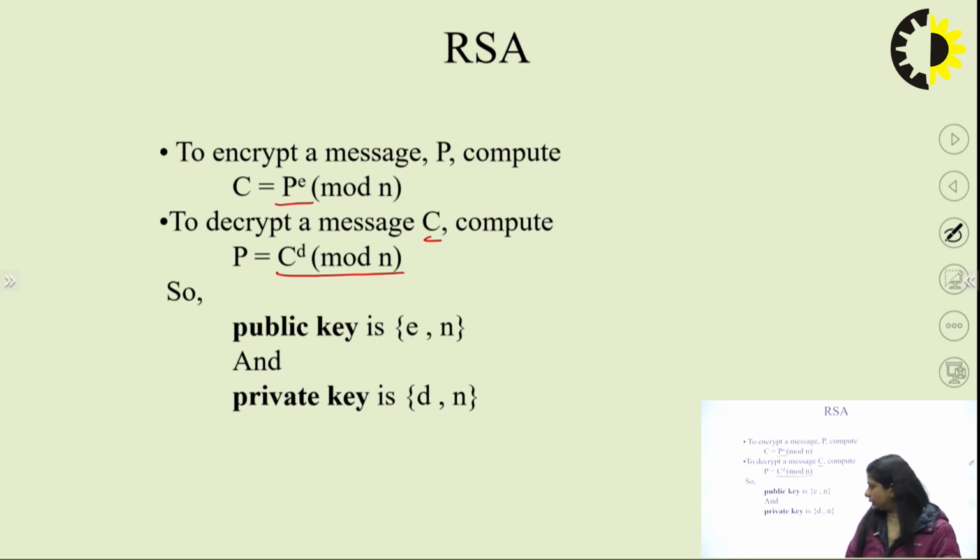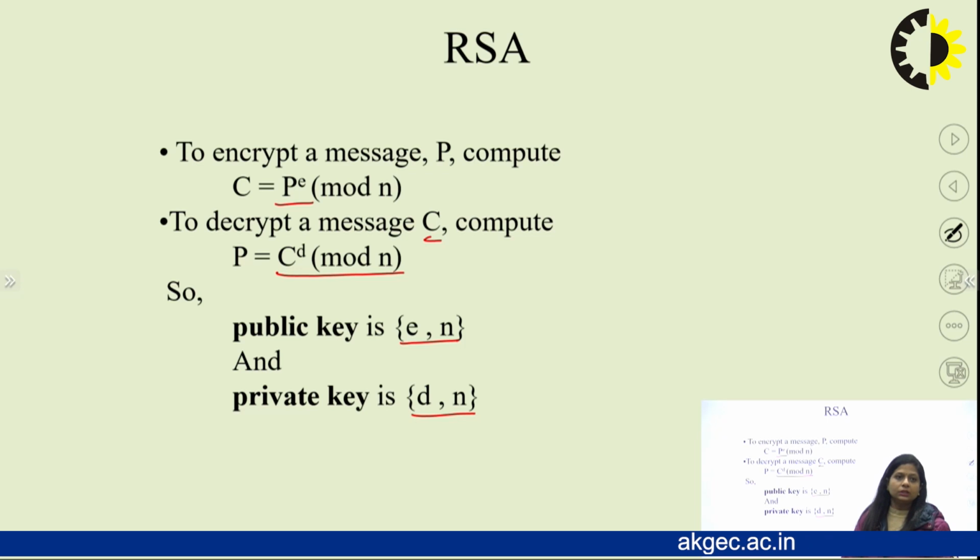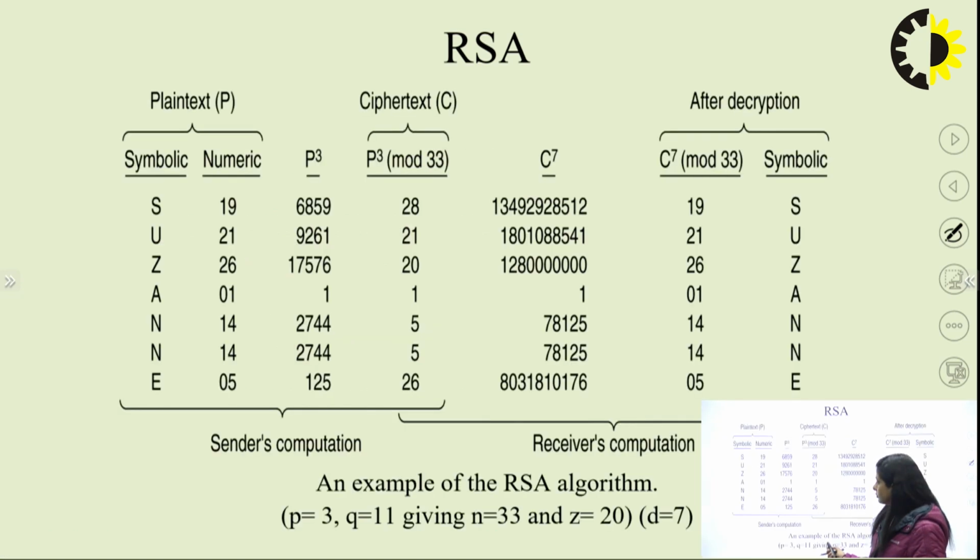So we can say the public key is E comma N and the private key is D comma N. These are the public and private keys. After that, we can solve a given problem using these formulas with the RSA algorithm, right.